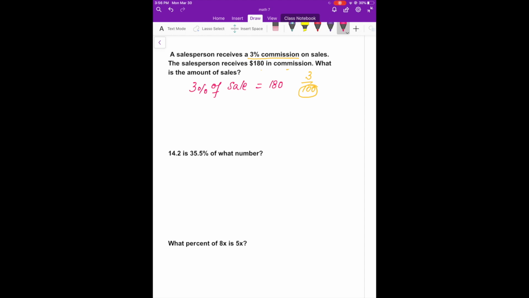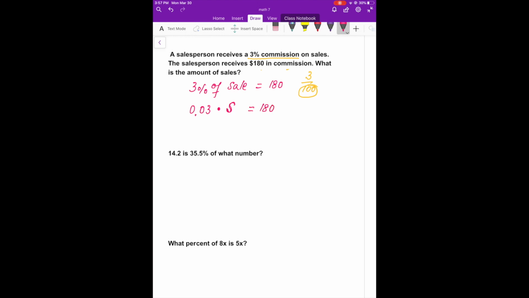You can either set up a proportion or an equation. If I'm setting up an equation, 3% means 0.03, because of means multiplication. Sale is unknown, that is s or x or whatever the variable is, equal to 180.